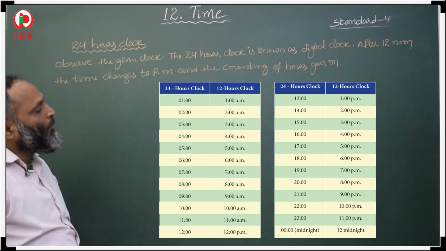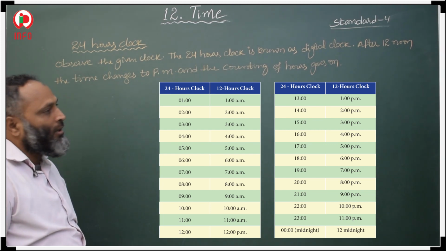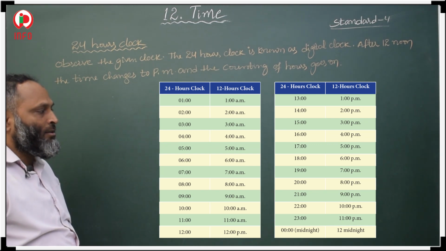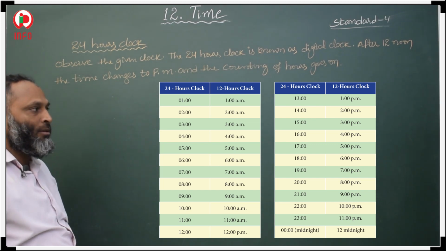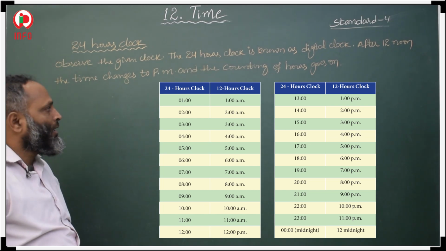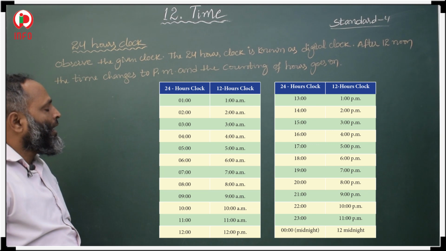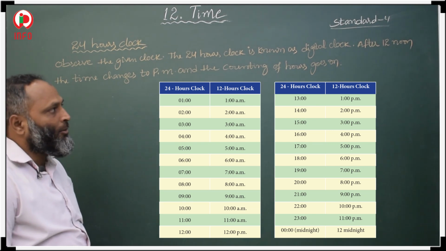In the night time, 1 AM, the digital clock shows 1 o'clock. Then 2 AM, the digital clock shows 2 o'clock. 3 AM shows 3 hours. 4 AM shows 4 hours. 5 AM shows 5 hours, early morning 5 o'clock.